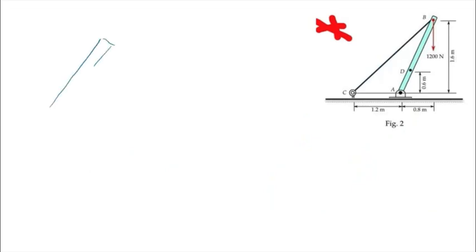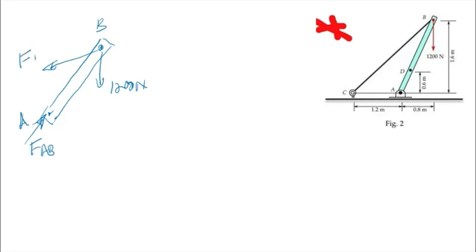So you just use equations of equilibrium. From the free body diagram for AB, we have B here and A here, we have FAB, and we have 1200 and FBC. So from the previous calculation, we can get FBC and FAB.